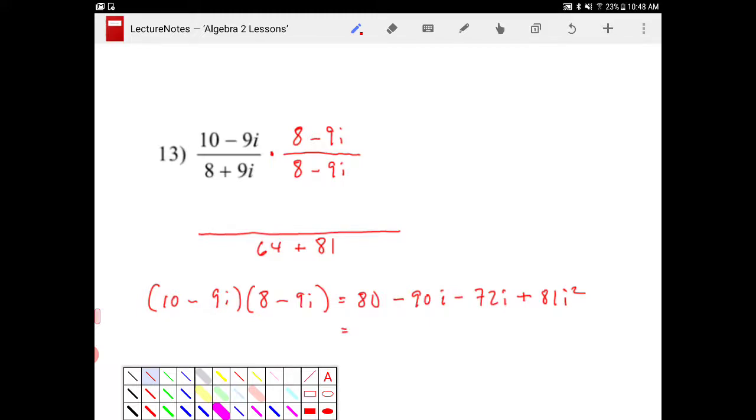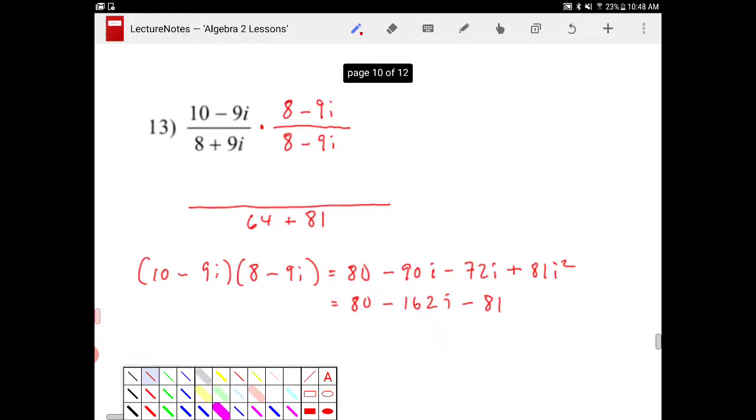And this can further be reduced. So I get 80 minus 162i minus 81, or it's negative 1 minus 162i. So this is negative 1 minus 162i.